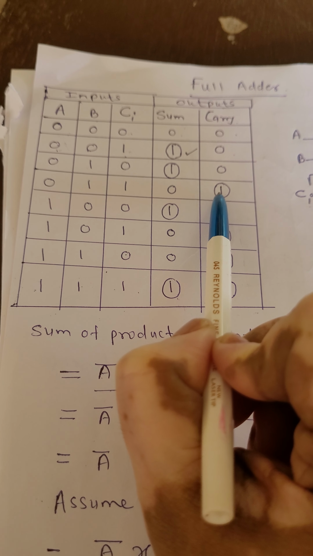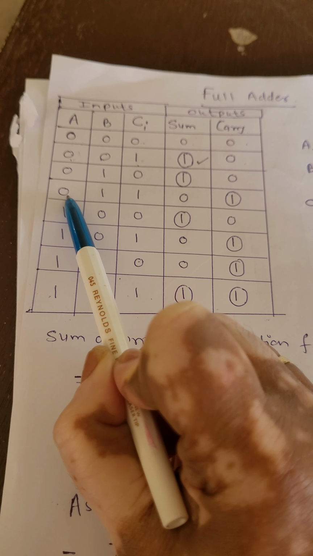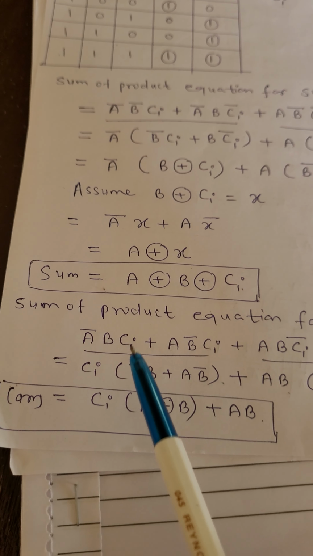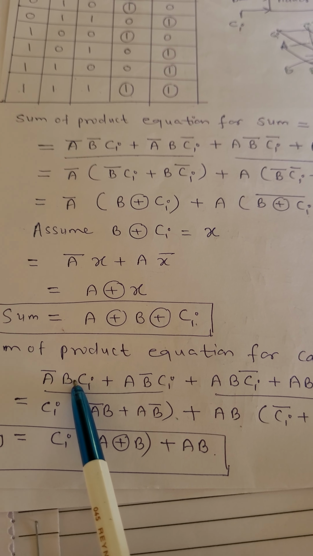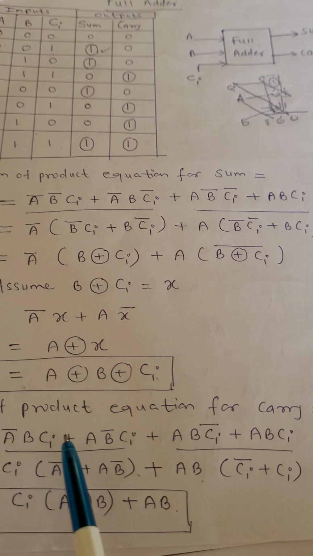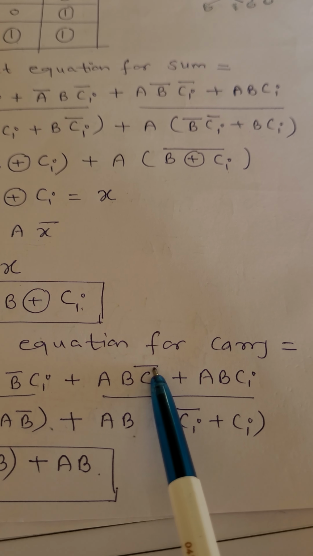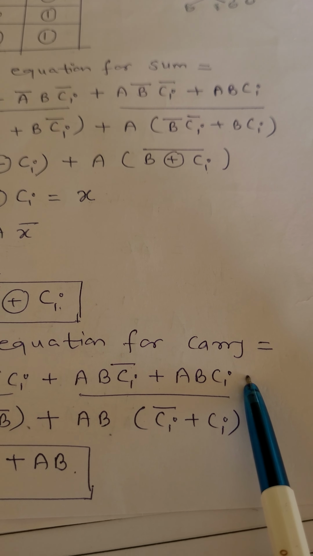That time you have got carry 1. That means this term is nothing but A bar B Ci. So the same thing I have written here, A bar B Ci. Remaining 3 terms I have listed: A B bar Ci plus A B Ci bar plus A B Ci.